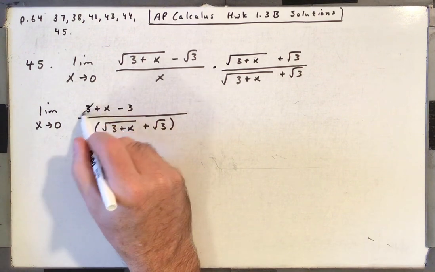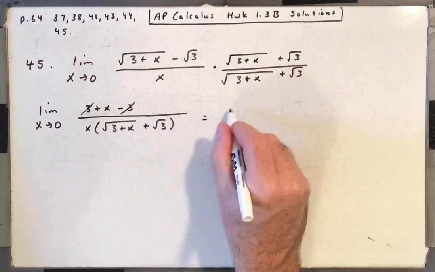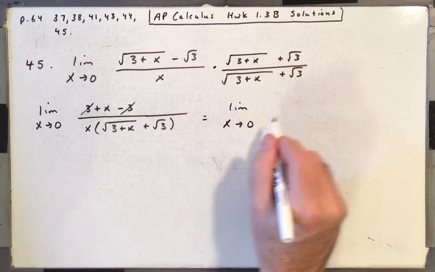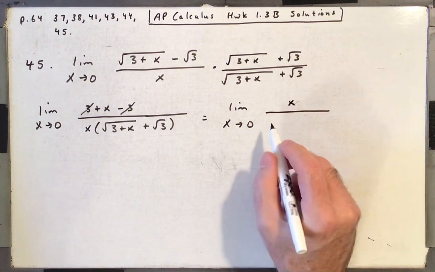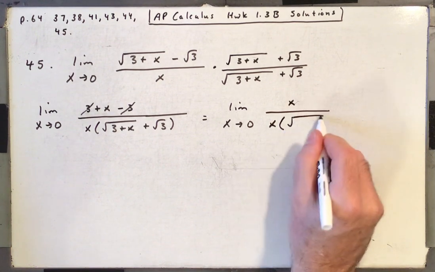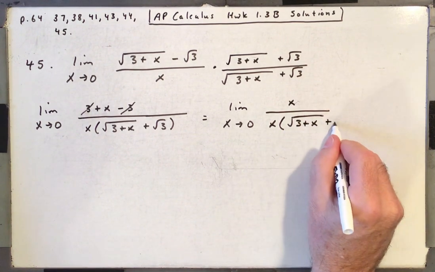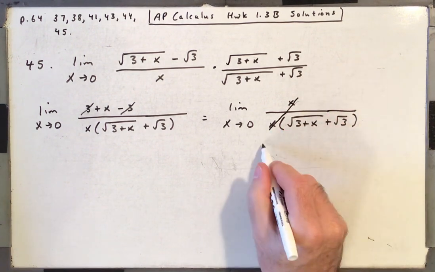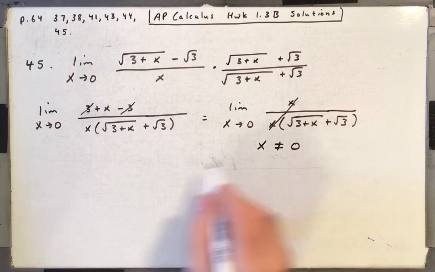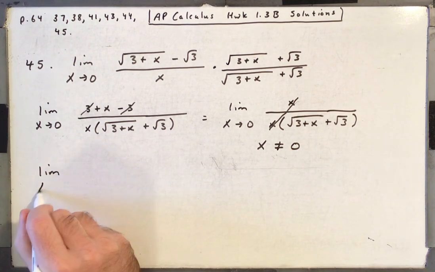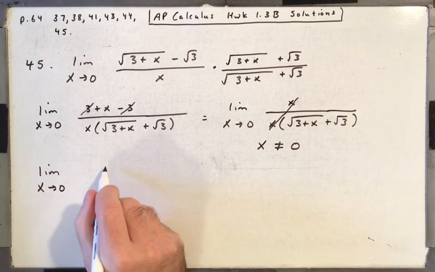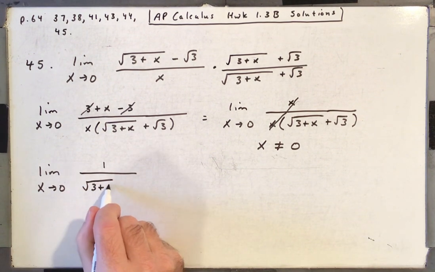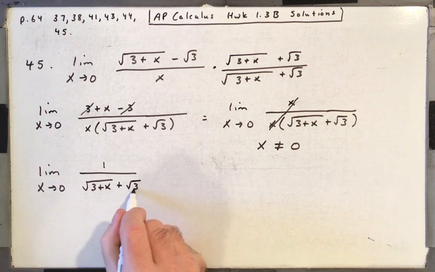So the 3, the negative 3 cancel. x on top, x times root 3 plus x plus root 3. x over x cancels as long as x doesn't equal 0. We have the limit as x approaches 0 of 1 over root 3 plus x plus root 3.